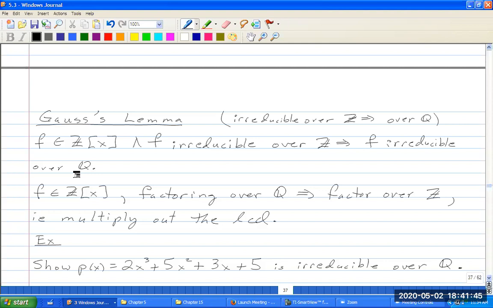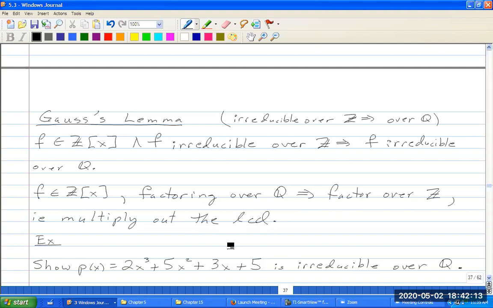And so notice what that means. If f has integer coefficients, then, I'm sorry, let me say it over again. I said it wrong. If you're able to factor over the rational numbers, then you're able to factor over the integers.